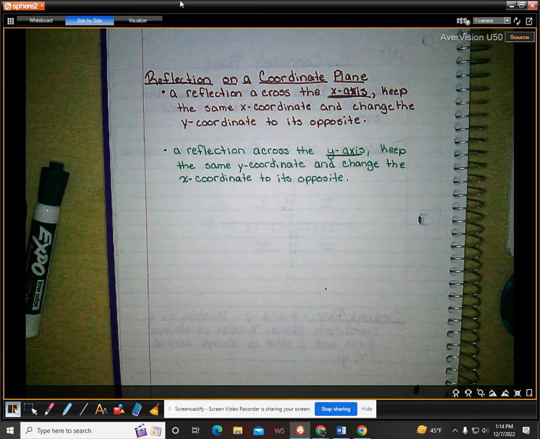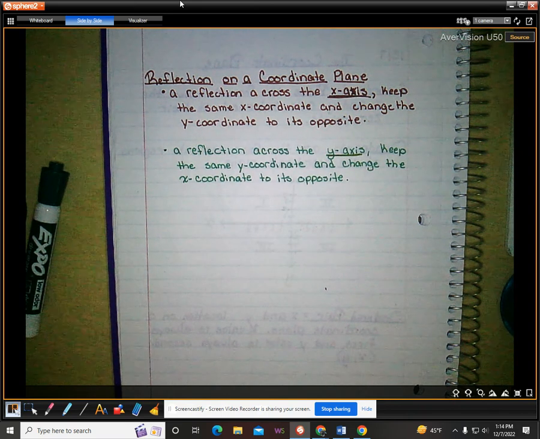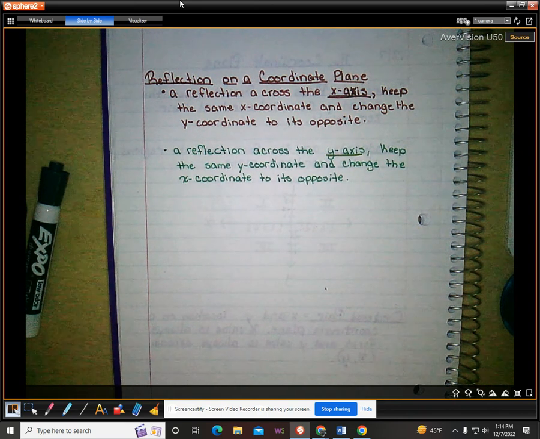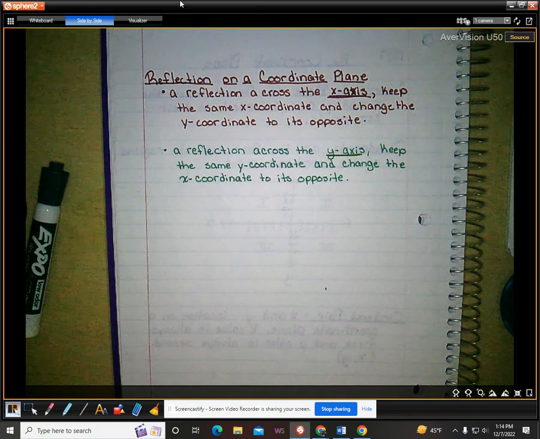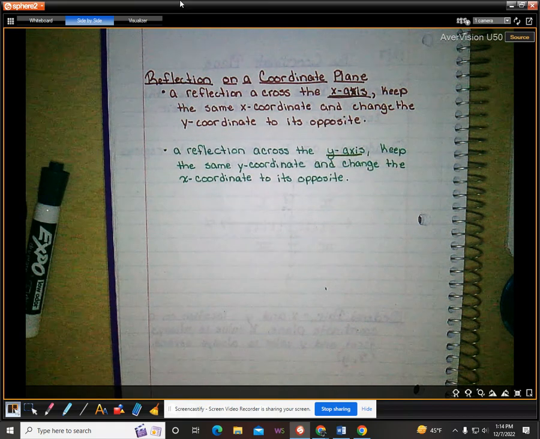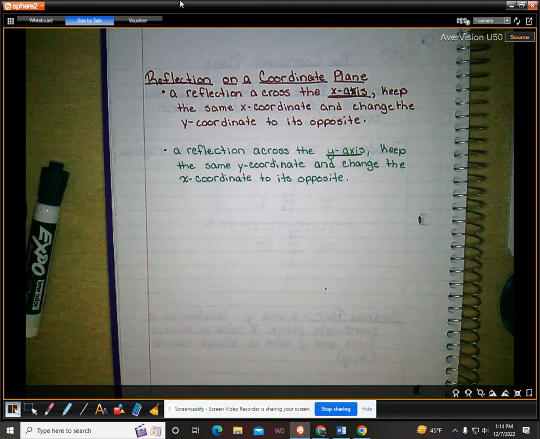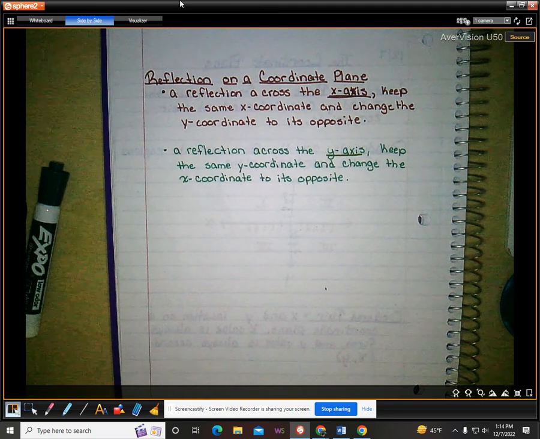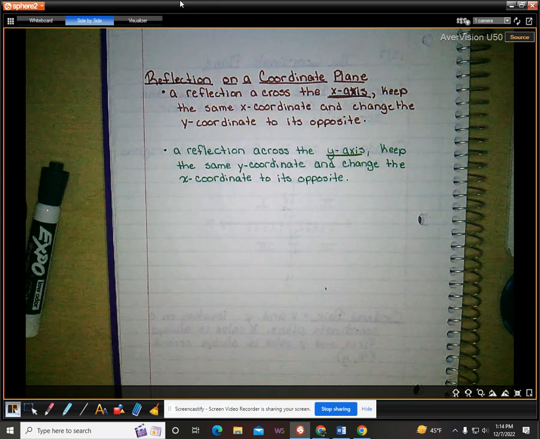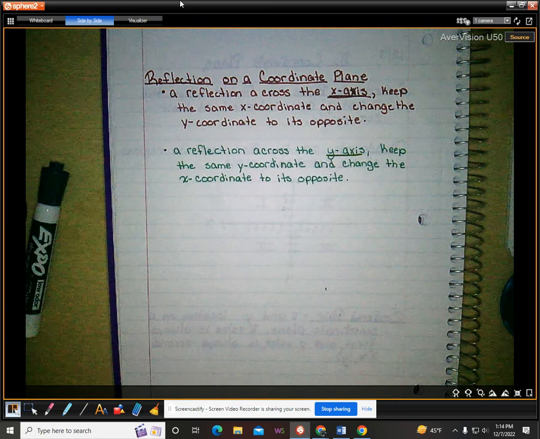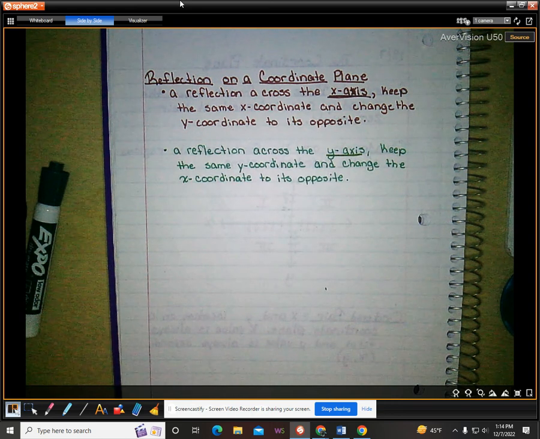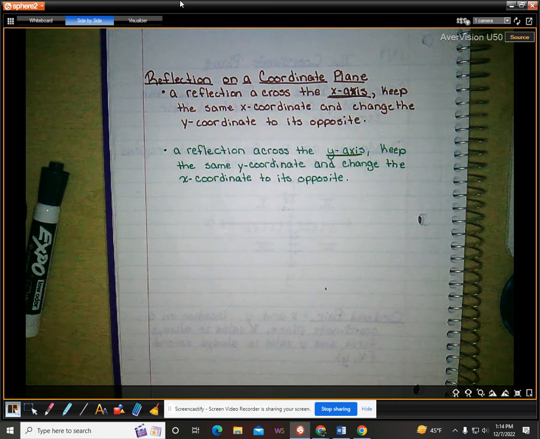And it makes everything in the picture backwards. So that is exactly what we're going to talk about when we talk about reflection on a coordinate plane. Okay? A reflection makes things the opposite. So tonight when you get home, if you don't have a phone, ask your parents to use theirs. Take a selfie and see if you can notice what is backwards.